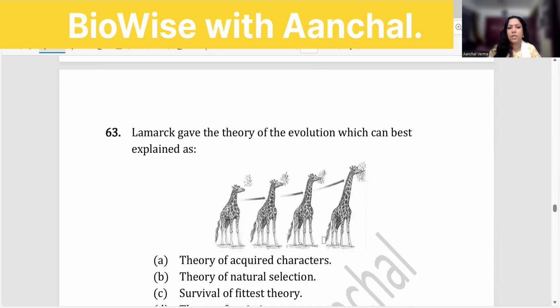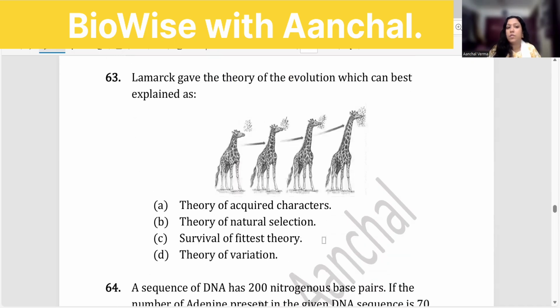Understood? Next. Lamarck gave the theory of evolution, which can best be explained. Now, when you talk about Lamarck, he talked about the use and disuse theory. That is arrival of the fittest, not the survival of the fittest. Lamarck always talked about modification in the organism based on the requirement, and then they will proceed to a new kind of organism which will be helpful.